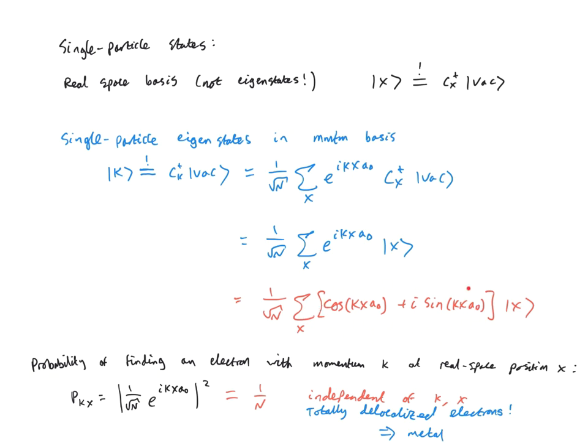This is a complex number, cos k x a_0 plus i sine k x a_0. The fact that there's phase information here that depends on both the position and the momentum is basically capturing all of the quantum mechanical information. That would give rise to possibilities, for example, for quantum interference and all of the other good stuff. But in terms of the actual probability density, the electrons are totally delocalized and equivalent. And this is basically related to Bloch's theorem.